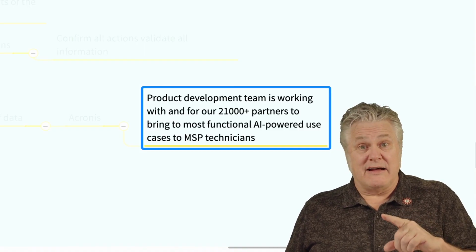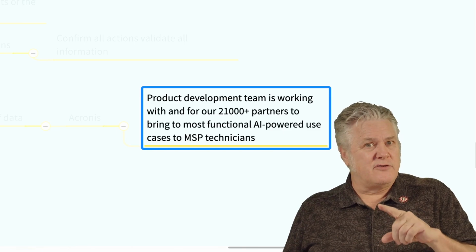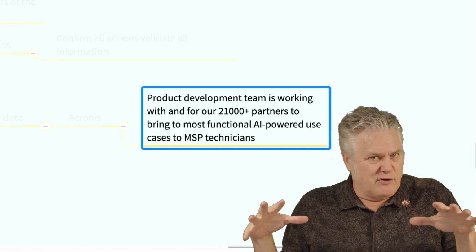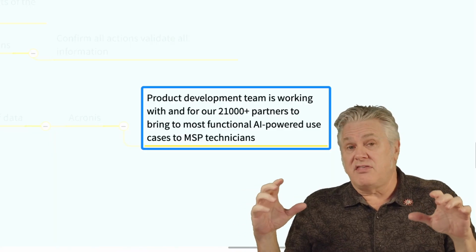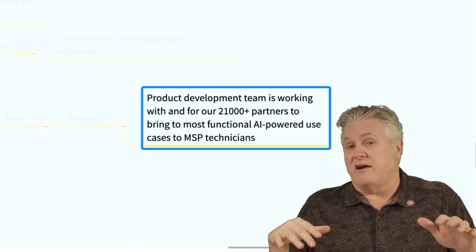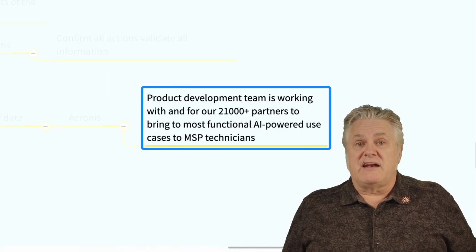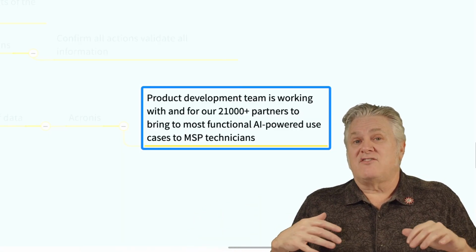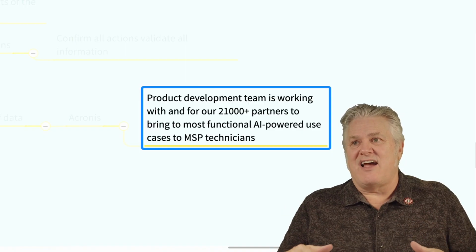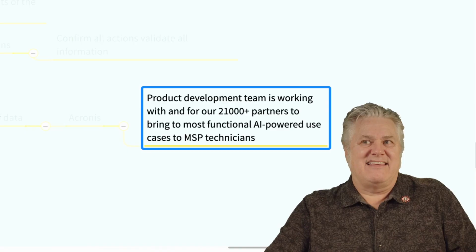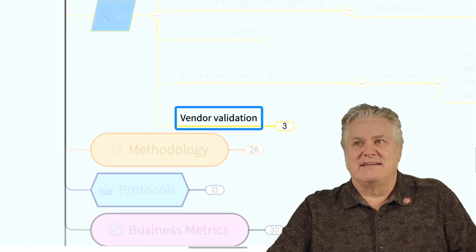That's a lot of data. 21,000 partners. Those 21,000 partners also have customers below them. In theory, if the managed service providers and the customers bring all of their data together, they will get some AI insights that they otherwise would not have had. And that, I think, is a really good idea.